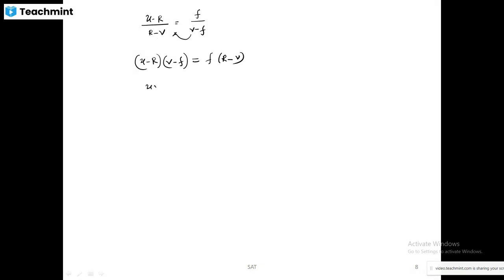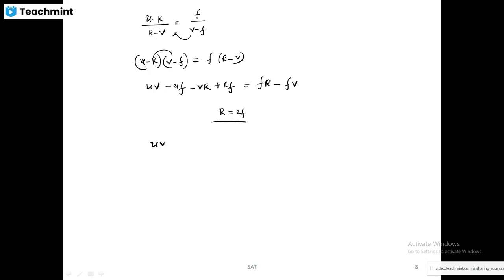U into V, UV. U plus into minus, minus U into F, UF. And minus R into V, minus VR. Minus into minus is plus, R into F, RF, is equal to F into R, FR, minus F into V, FV. You know that R is equal to 2 times F. Just substitute here.